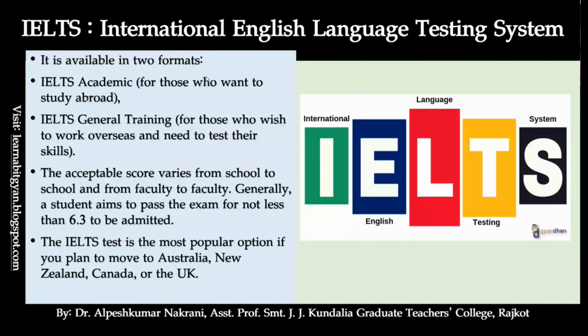Then there is IELTS General Training for those who wish to work overseas, right? They need to test their day to day skills, right? So academic IELTS is different, and general training IELTS is different. The acceptable score varies from school to school, from faculty to faculty, from country to country, but the minimum score is 6.3, right? Students aim to pass not less than 6.3.